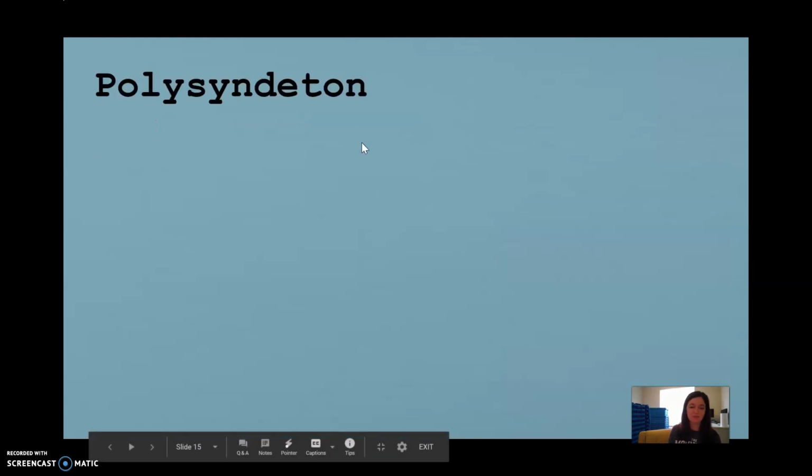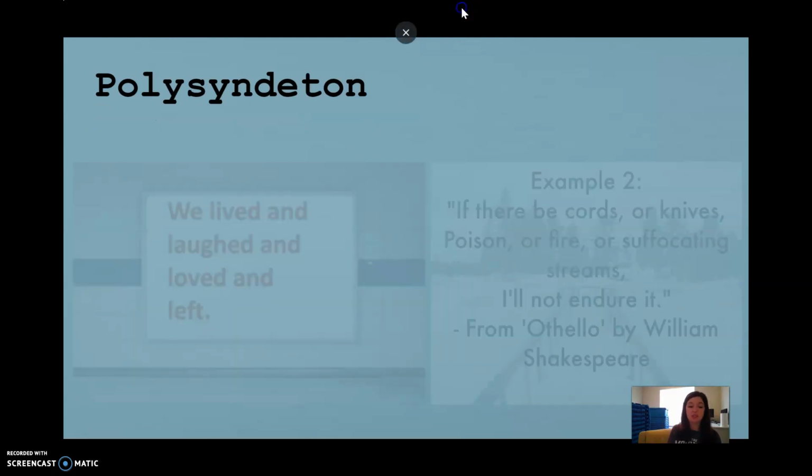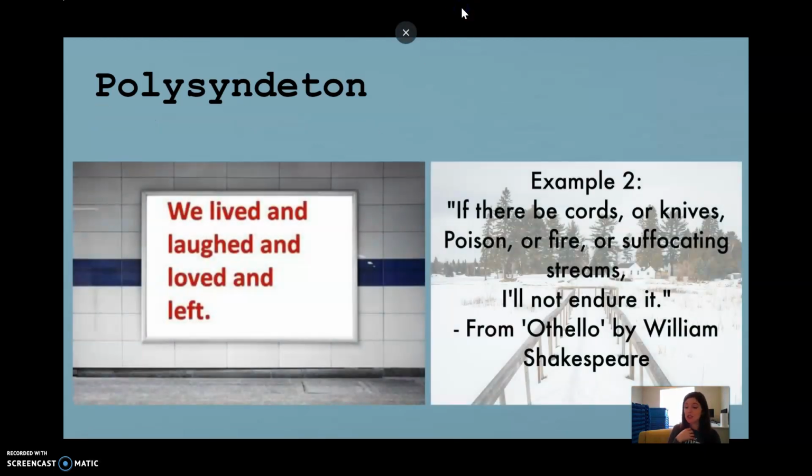Okay. Then we have the opposite, which is polysyndeton, which uses a ton of conjunctions. So you use multiple conjunctions. "We lived and laughed and loved and left." Also uses alliteration, which is pretty cool. "If there could be cords or knives, poison or fire or suffocating streams, I'll not endure it."